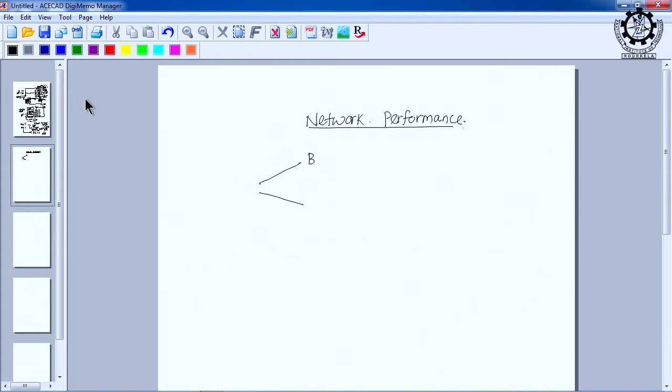One parameter is bandwidth and another is latency. The latency is also termed as delay, and bandwidth leads to throughput. We will see what exactly is the difference between bandwidth and throughput, right. Now, what is bandwidth? You must have studied it till now. What is bandwidth?